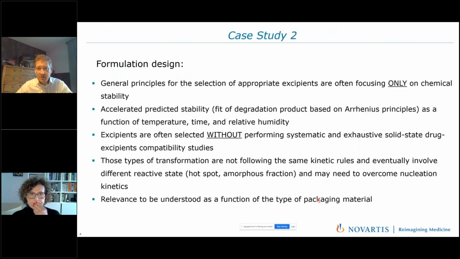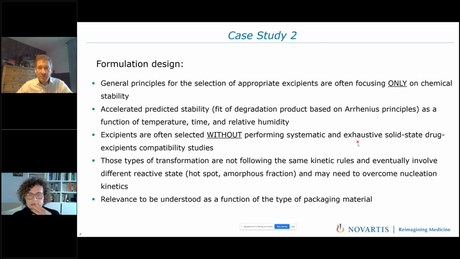And typically this goes via an exercise which is so-called formulation design. There are many general principles that establish the foundation of the screening approach. And one of the really first things that the teams do is look at the chemical compatibility between the drug and the excipient.